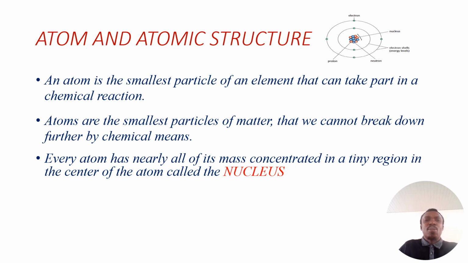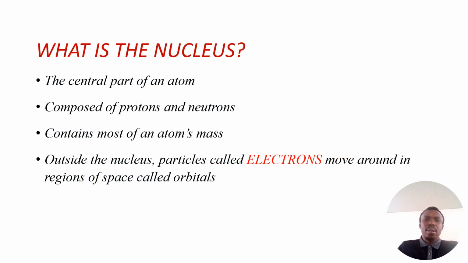So an atom is the smallest particle of an element that can take part in a chemical reaction, or an atom can be defined as the smallest particle of matter that we cannot break down further by chemical means. We are looking at the nucleus of an atom, where the mass of an atom is concentrated. So what is the nucleus?